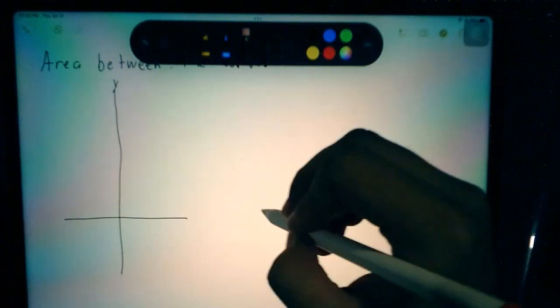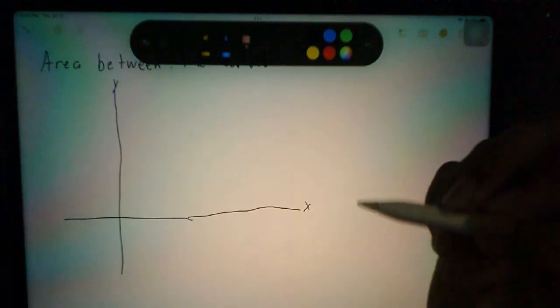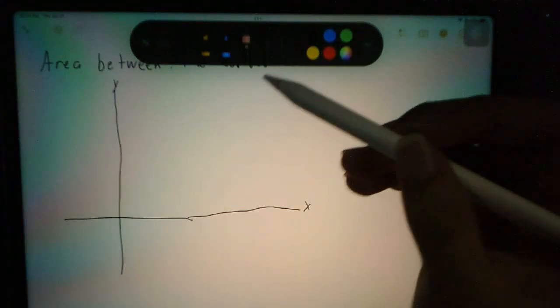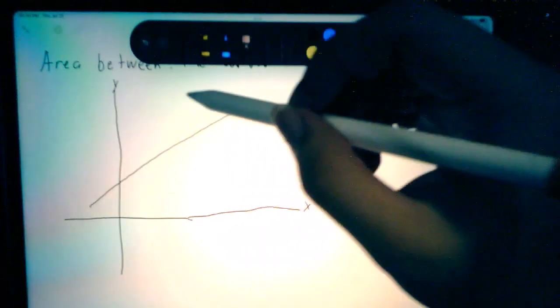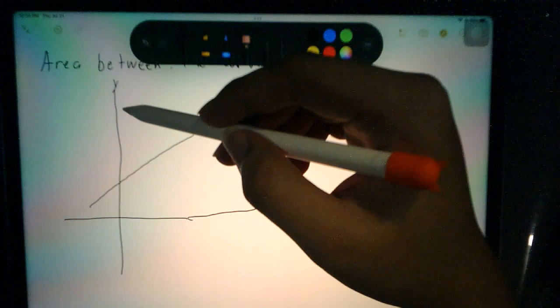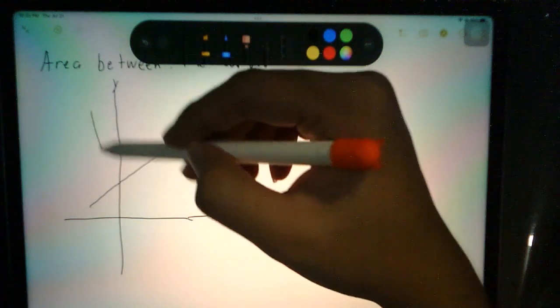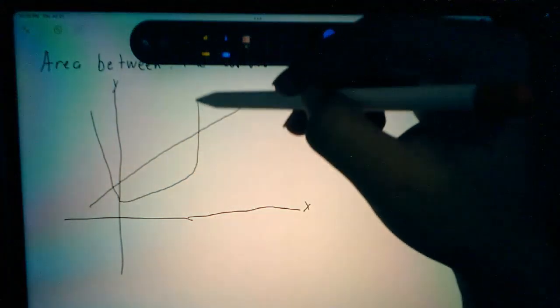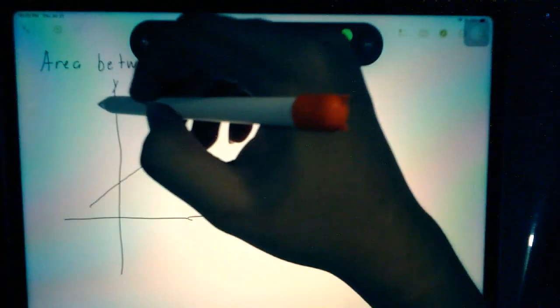If our area has two curves, the first curve is this, and another curve is, let's say, this parabola, but only half of it. So let's put it here.